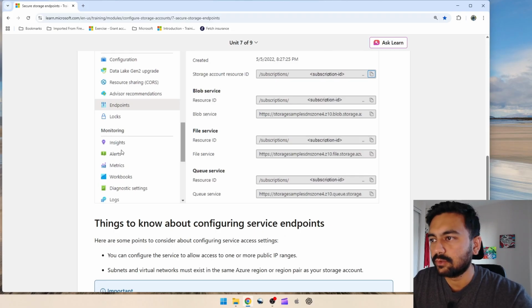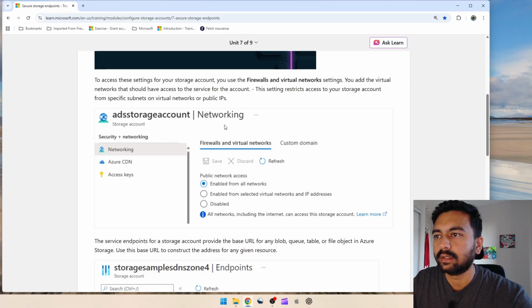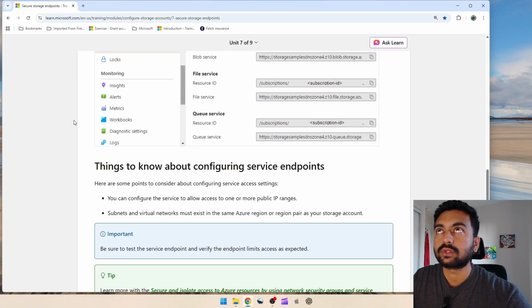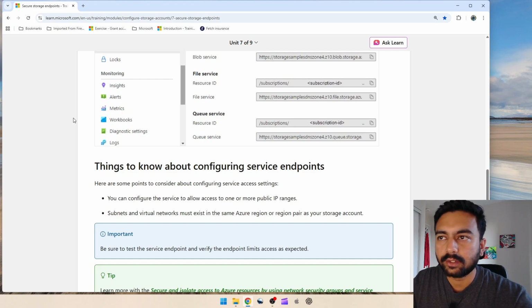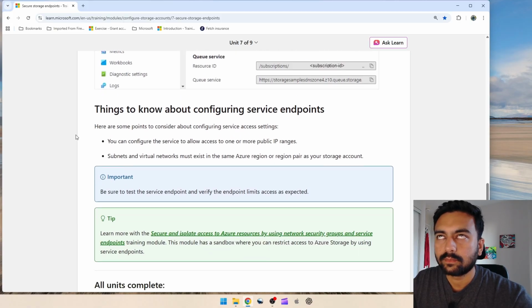You can use the URL to lock it down, to be used on the virtual network that your company or team is using.